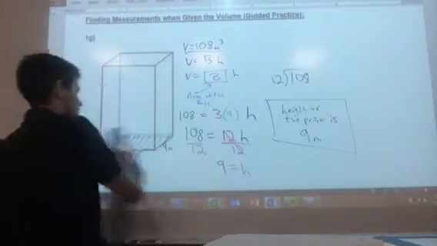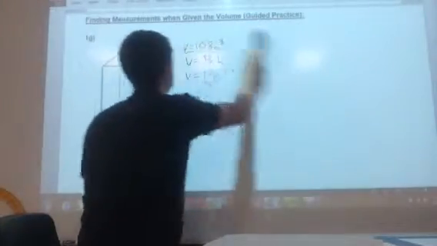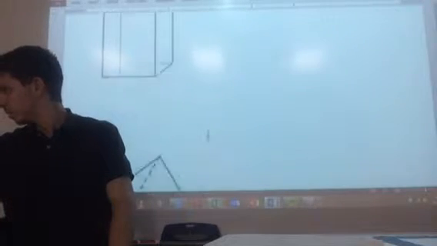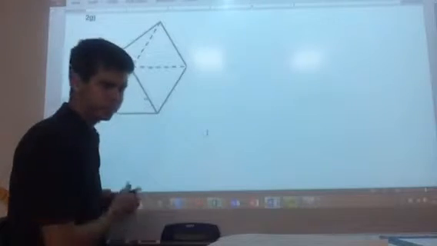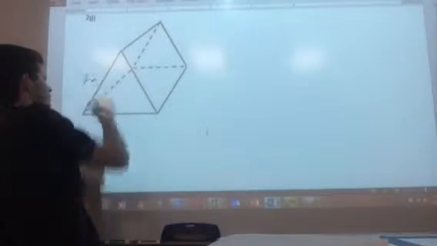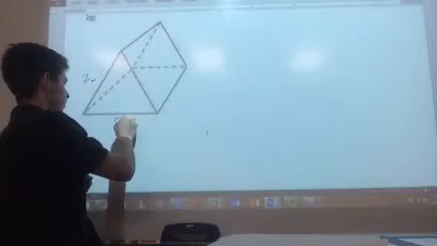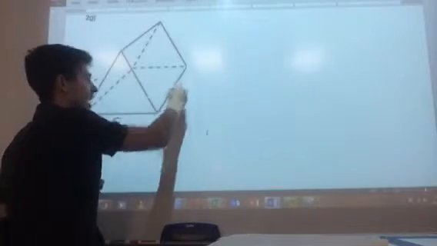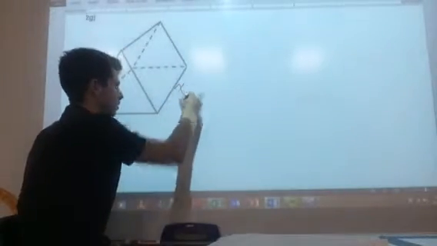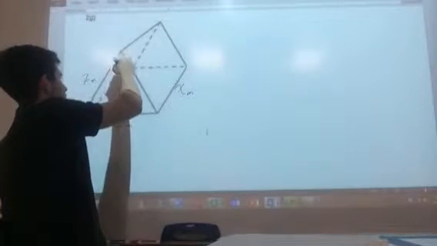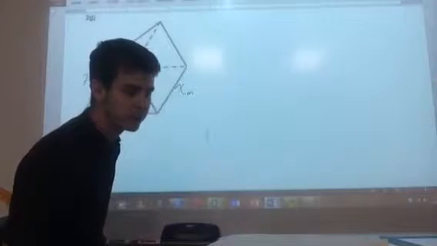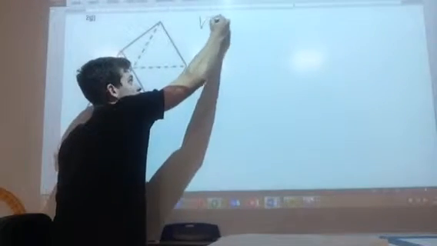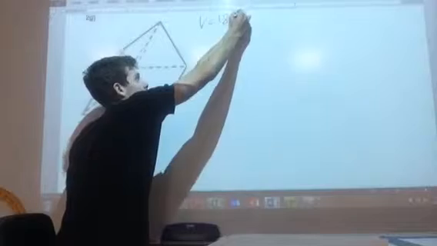All right, I'm going to go ahead now and do the other problem. Scroll down. Okay. We're given, this is 7 meters. This right here is 5 meters. This right here is x meters. This right here is 6 meters, the height of the base, and then the volume is equal to 180 meters cubed.